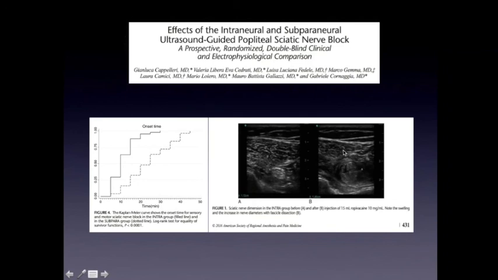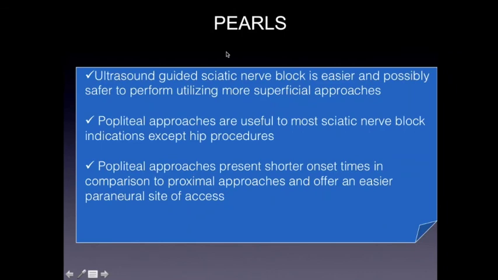Well, let's go to the pearls. Ultrasound-guided sciatic nerve block is easier and possibly safer to perform utilizing a superficial approach. Let's keep it simple. Why do we have to make it more complex than we need to?